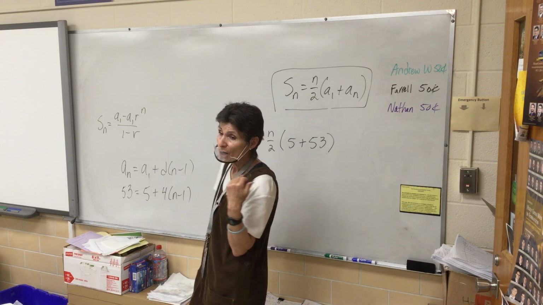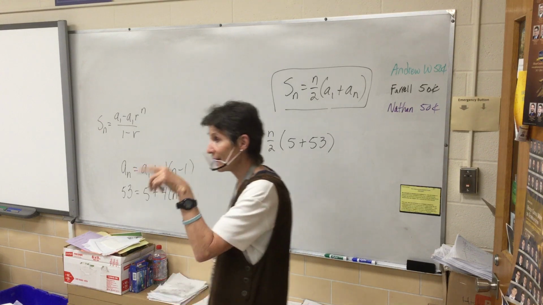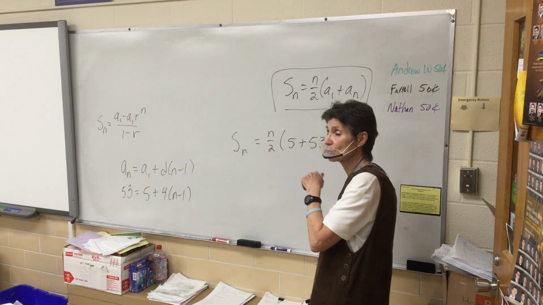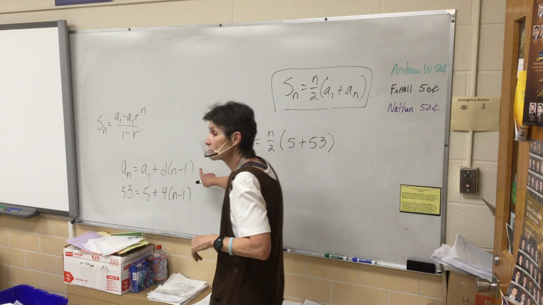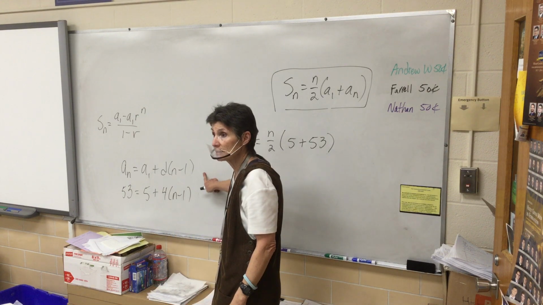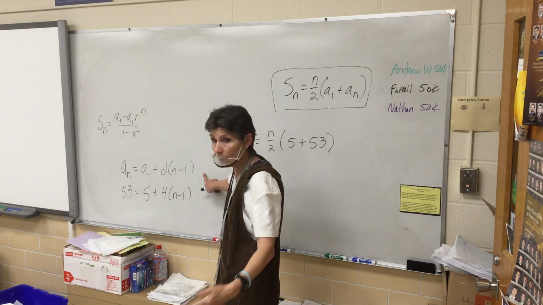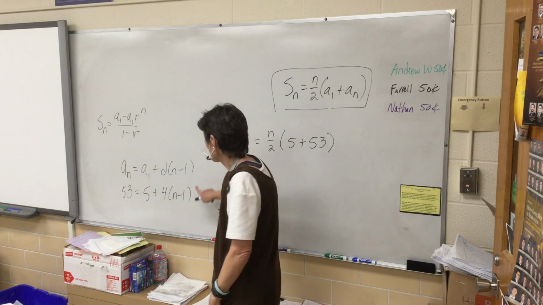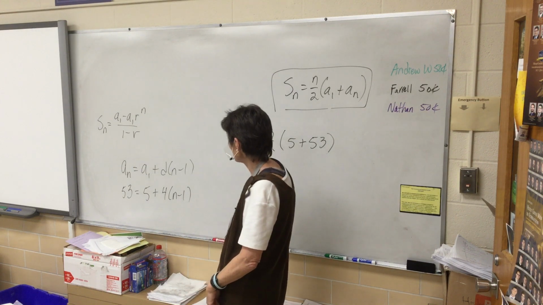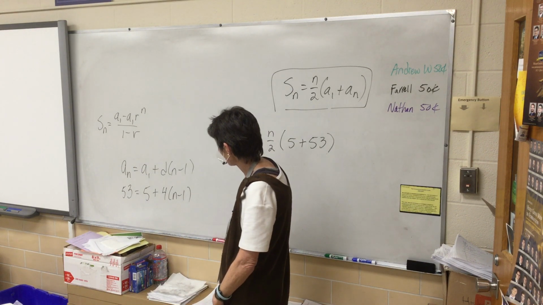So if I don't know n, and I don't want to have to count individual terms, I can use my original formulas to find n. That will always work. So how do I solve this? What do you think we should do to solve that? Distribute the 4.